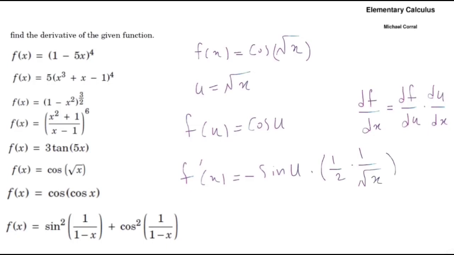So the final result is f prime of x equals negative 1 over 2 times sine square root of x over square root of x.